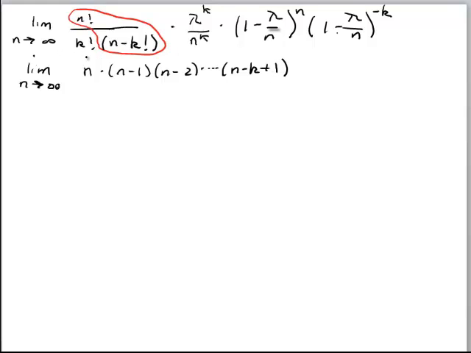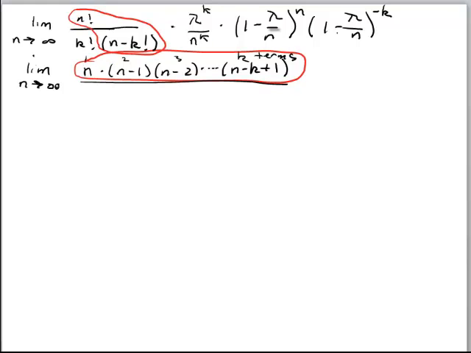So if you count them, there's k terms altogether. And the lower part right here, we can break that up. This red part here is the same as this red part right here, because that's what's left.